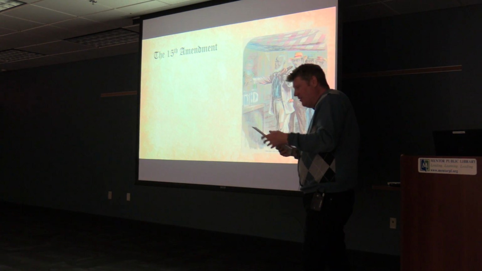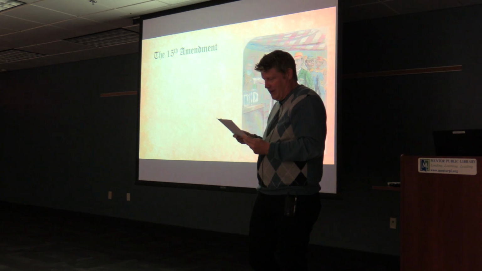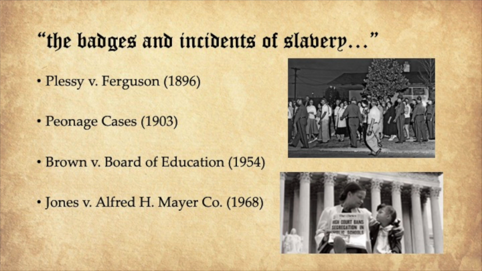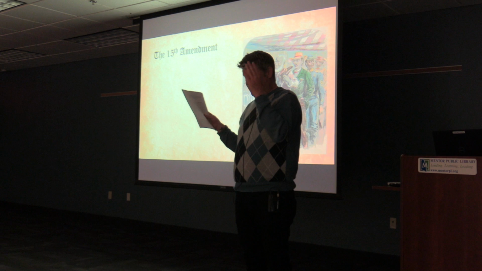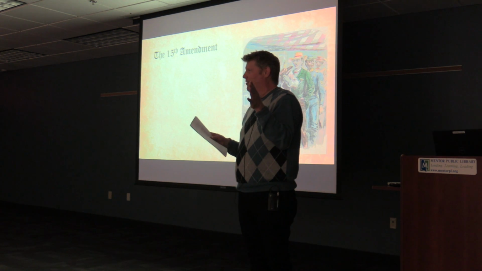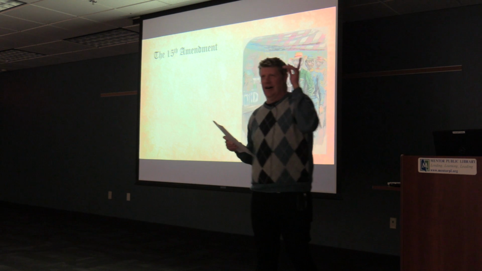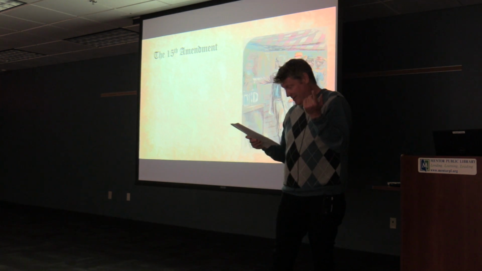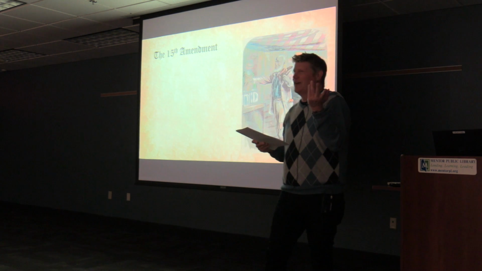But the big one, and the one that's worth remembering, is Plessy v. Ferguson from 1896. A fellow named Homer Adolph Plessy, who was African American, wanted to ride the train in Louisiana. They had racially segregated train cars. The black car was full, I think, and he wanted to ride on the white car, and he was arrested. He was 7/8 Caucasian, by the way.